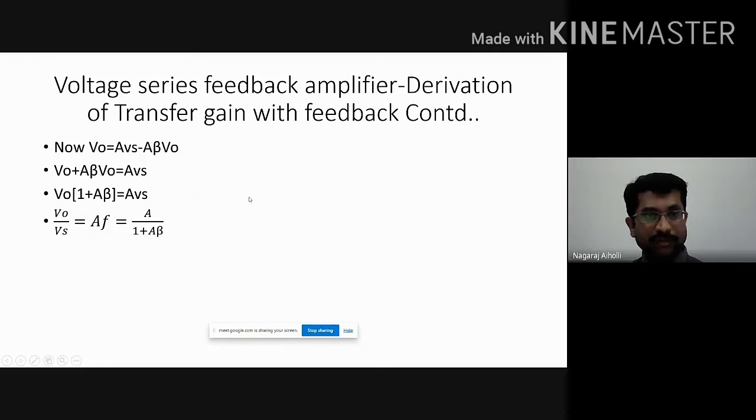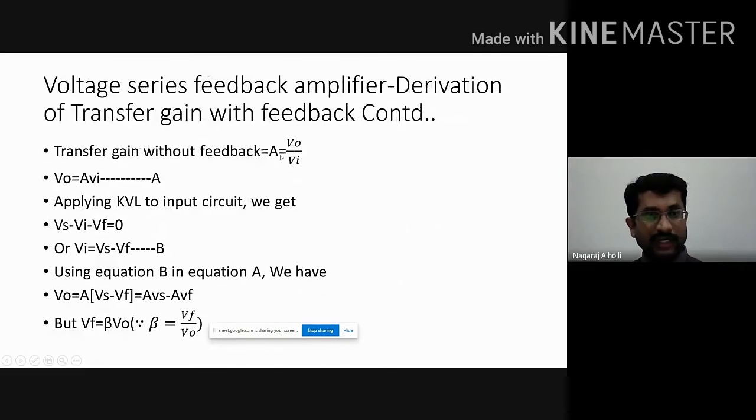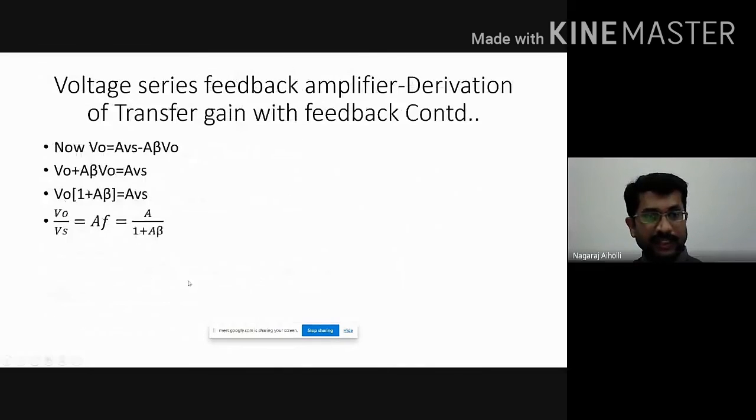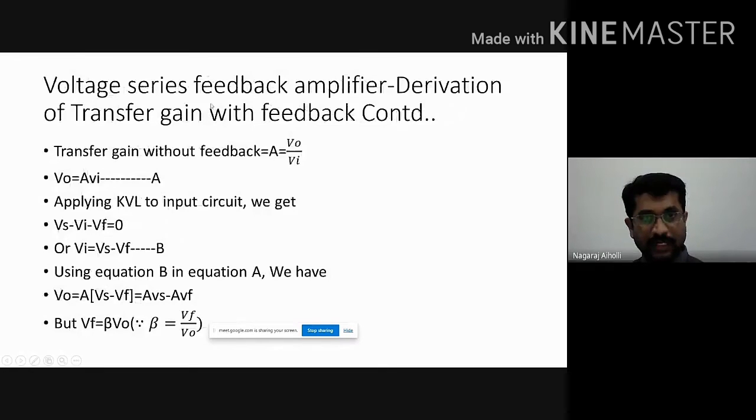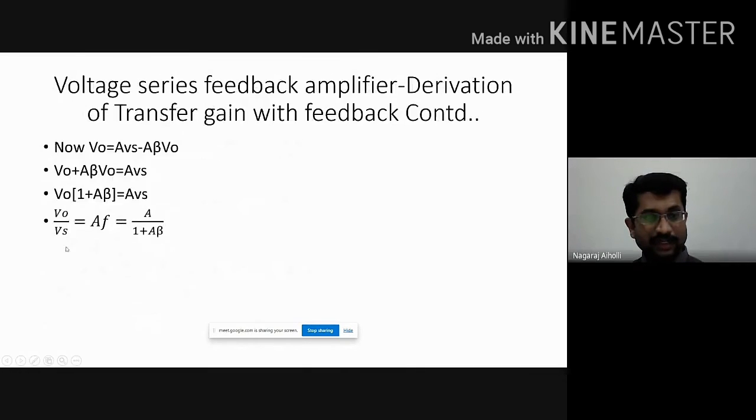That means you have to start from the first equation without feedback and then use all these substitutions and get the final equation as AF is equal to A divided by 1 plus A beta. We have to derive in this way. So there are different ways of asking the same question. One way is direct asking, directly derive. Another way is they can just give this equation, and then you have to derive the equation.